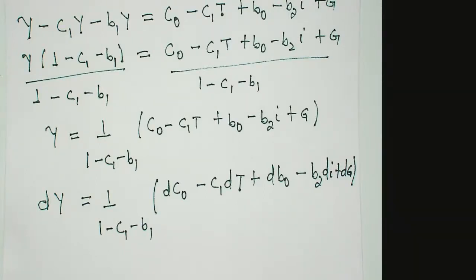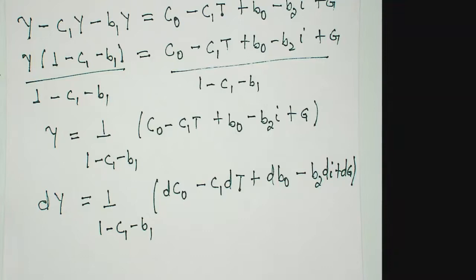After taking our total differential, we want to derive the slope of our IS curve, which is represented by the formula di over dy. If you remember, on our IS-LM representation, i was on the y-axis, while y was on the x-axis.